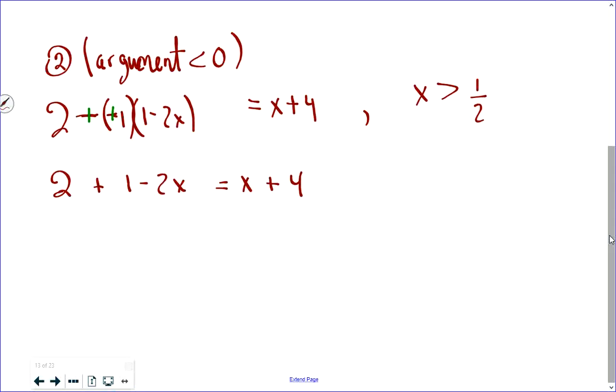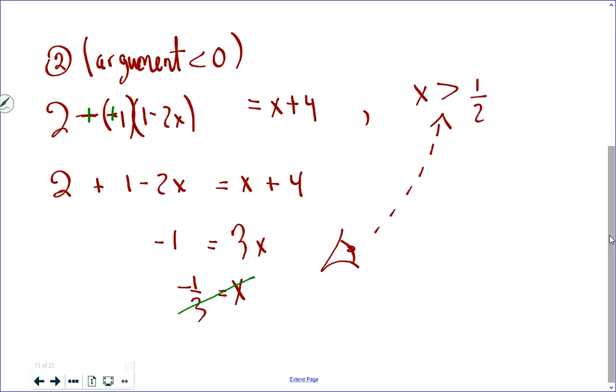Add 2x to both sides, I get 3x. Subtract 4, I believe I get negative 1. 2 plus 1 minus 4. 2 plus 1 is 3. Minus 4 is negative 1. So I get x equals negative 1/3. But x has to be greater than a half. Nope.